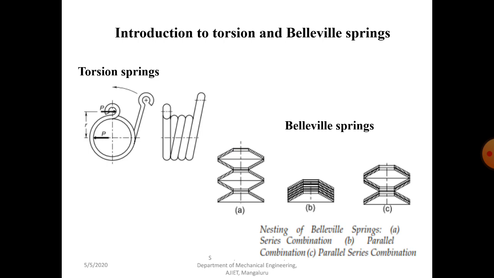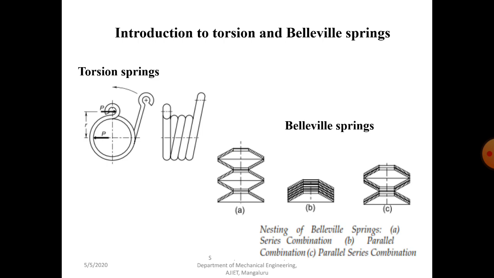It is especially used where a large force is desired for a small deflection of the spring, and it provides a wide range of spring constants. That is what makes it versatile. It can provide any linear or non-linear load deflection characteristics. These are some of the important advantages of the Belleville spring.